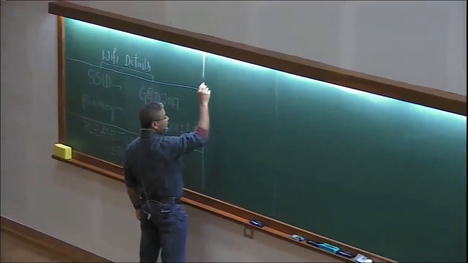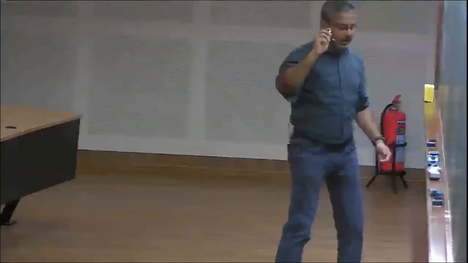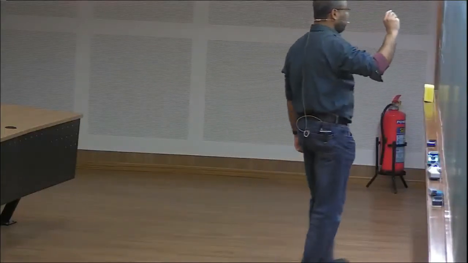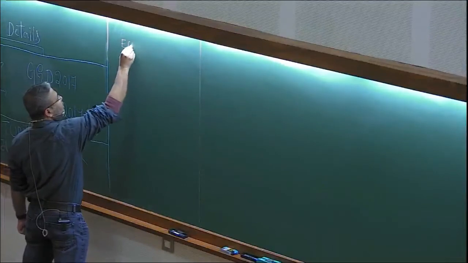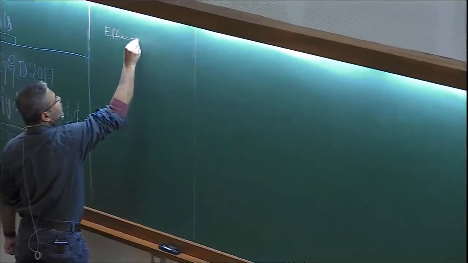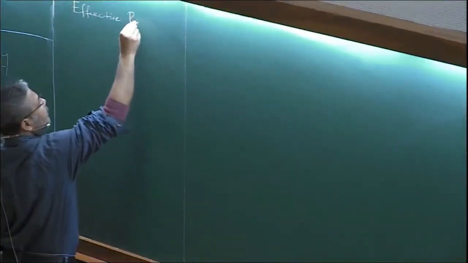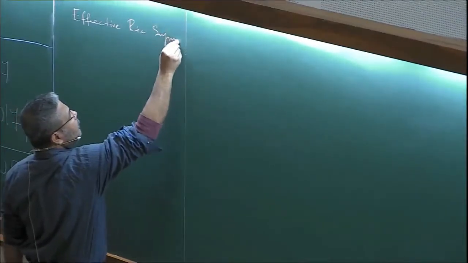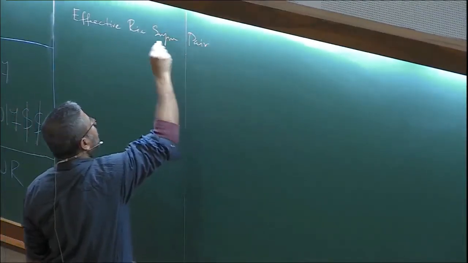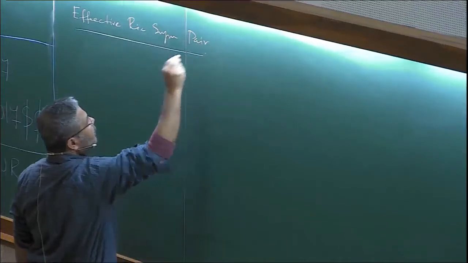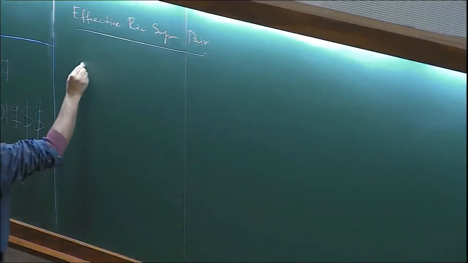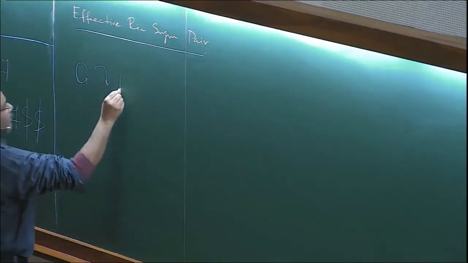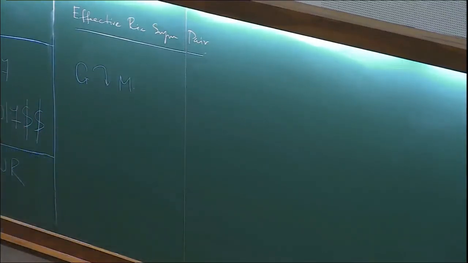So we have seen what a Riemannian symmetric pair is. I forgot to mention one important definition. So this is the definition of effective. Suppose a Lie group G is acting on a manifold.